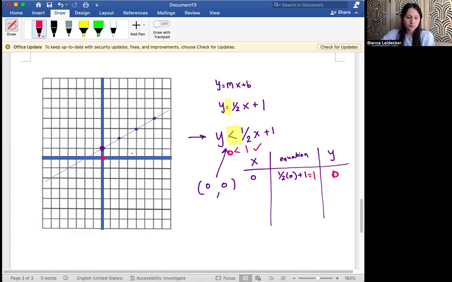When we are looking at graphing an inequality, what you're going to end up doing is graphing your line as if it's an equation, a y equals mx plus b equation. And then we know that the solutions for x and y are infinite. There are so many possibilities of what x and y can be.